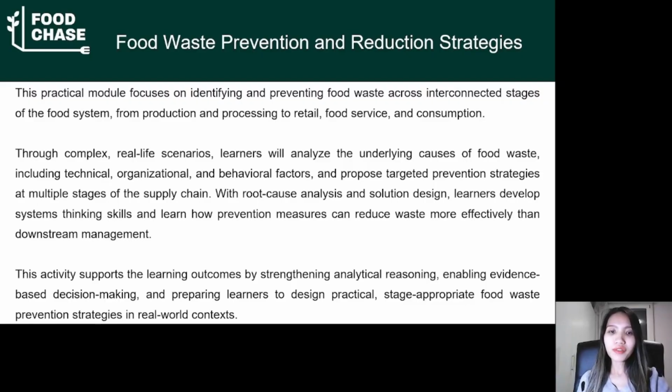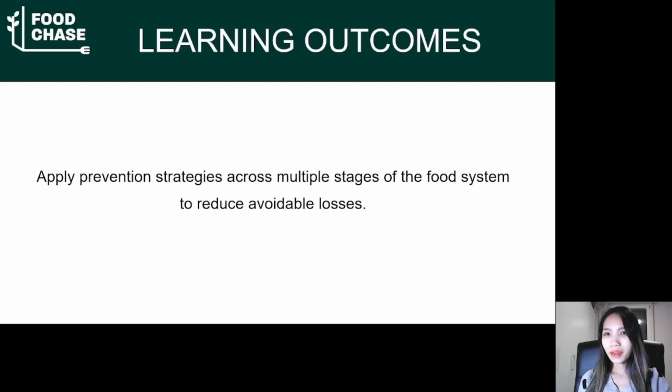This practical activity helps you strengthen analytical reasoning, enabling evidence-based decision making, and prepares you to design practical, stage-appropriate food waste prevention strategies in real-world contexts. At the end of this activity, you will be able to apply prevention strategies across multiple stages of the food supply chain to reduce avoidable losses.